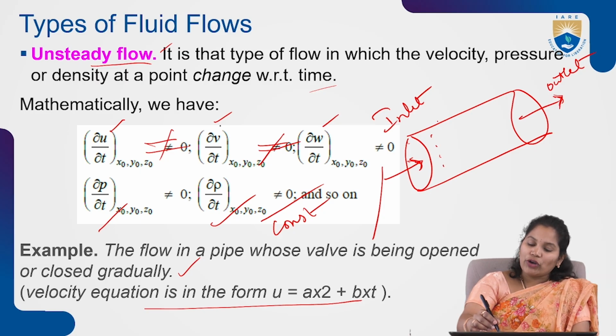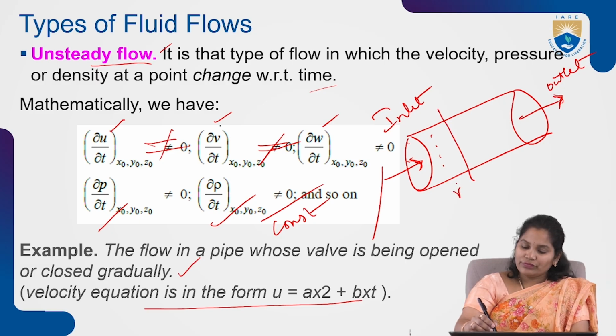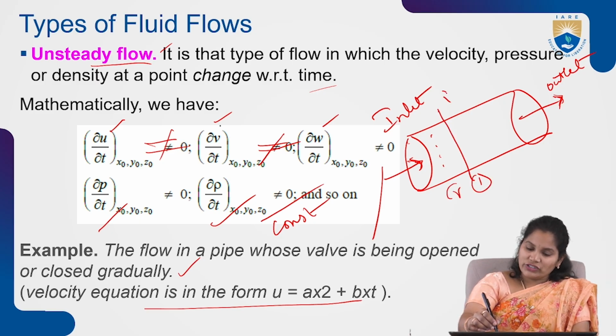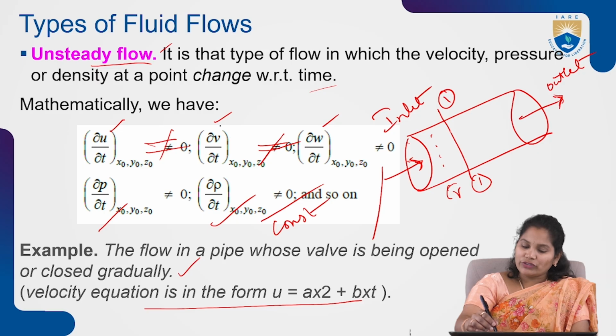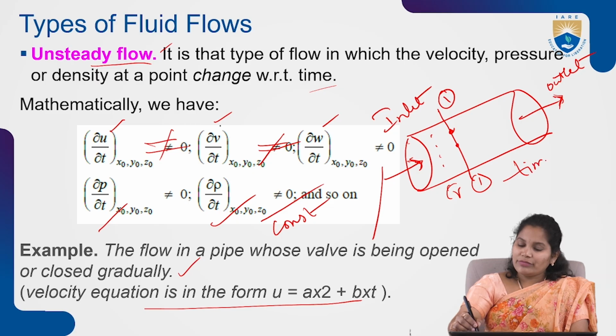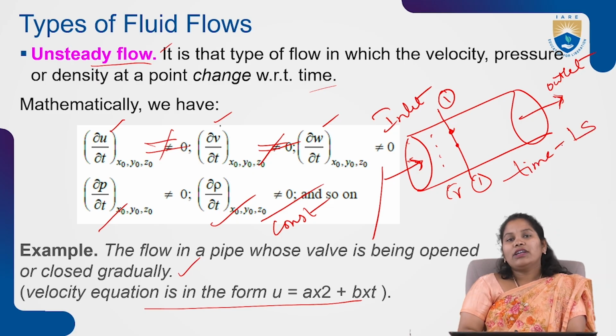When you take a velocity at section 1, this is section 1, I am calculating velocity at this point. First I am calculating velocity at 1 second.